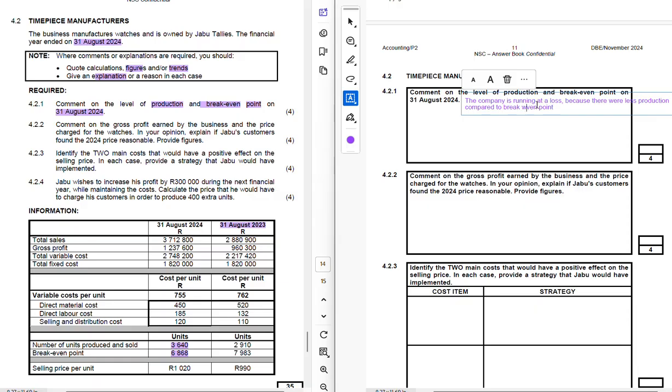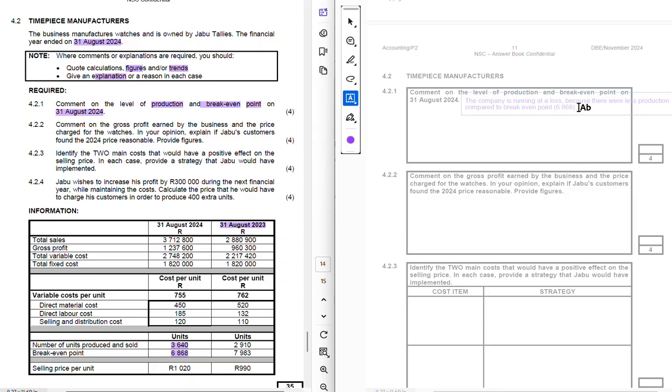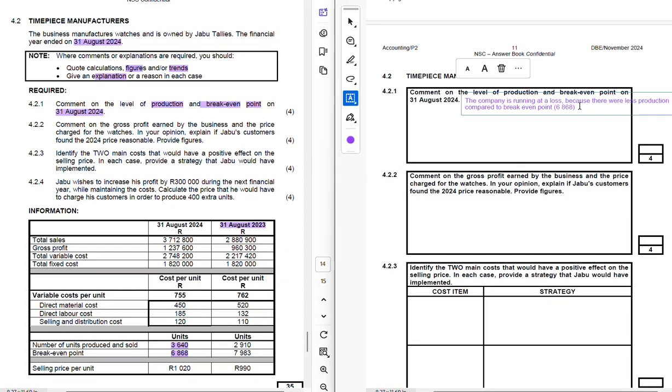Now this is your time to show that you've seen where the data are sitting. The break-even point is sitting at 6,868, while on the other side, the production unfortunately is sitting at a lesser amount.